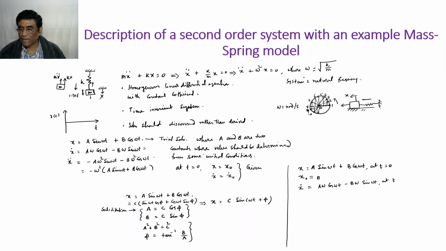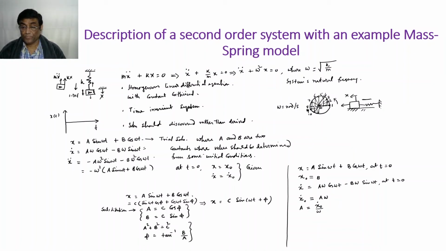So at t equal to 0, we have assumed that the velocity was x naught dot. Okay, so this is equal to a, and this is becoming 0 because sine 0 is 0. So from here we are getting two constants.